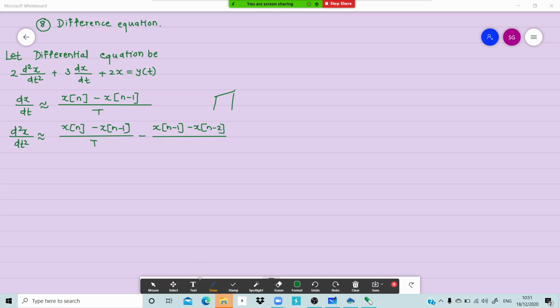So actually this will be the first order derivative and again derivative of that. That means the whole thing divided by t. Now difference in these two instances divided by t. Correct? So if you try to solve this, you are going to have x n minus 2x n minus 1 plus x n minus 2 upon t square.